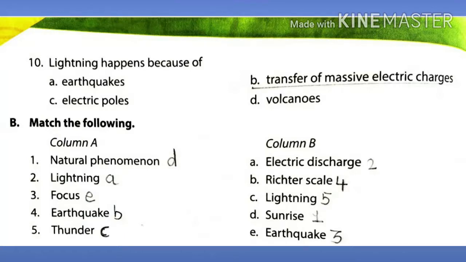Now we'll be discussing very short answer type question. From here, you have to write in the notebook. The short form I have written is VSA. The first one, what is charging by friction? Answer I have written there itself.